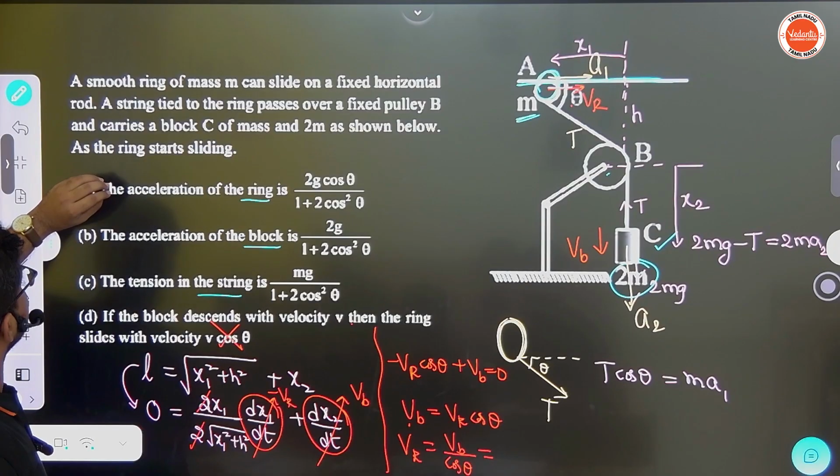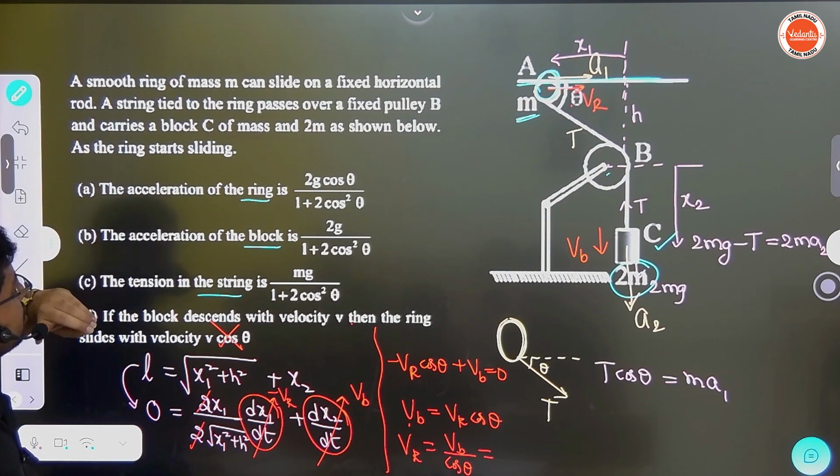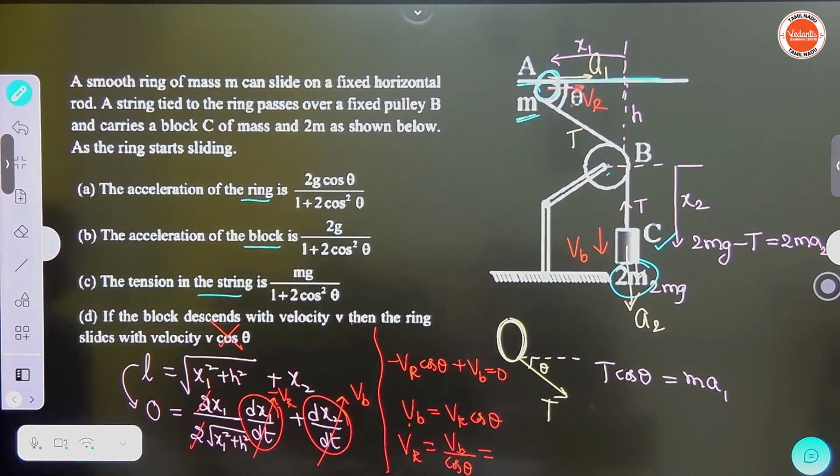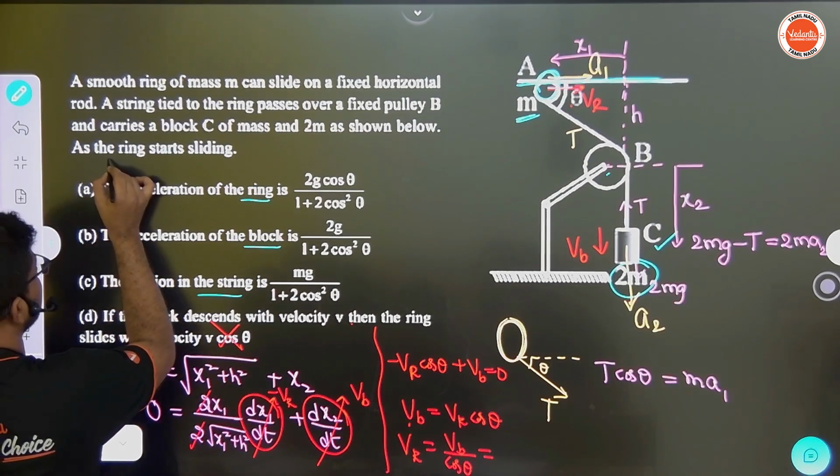Initially, what is the velocity of the ring here? A smooth ring of mass m can slide on a fixed horizontal rod. String is tied to the ring and passing over a fixed pulley and carries block of mass 2m as shown. Read this point.